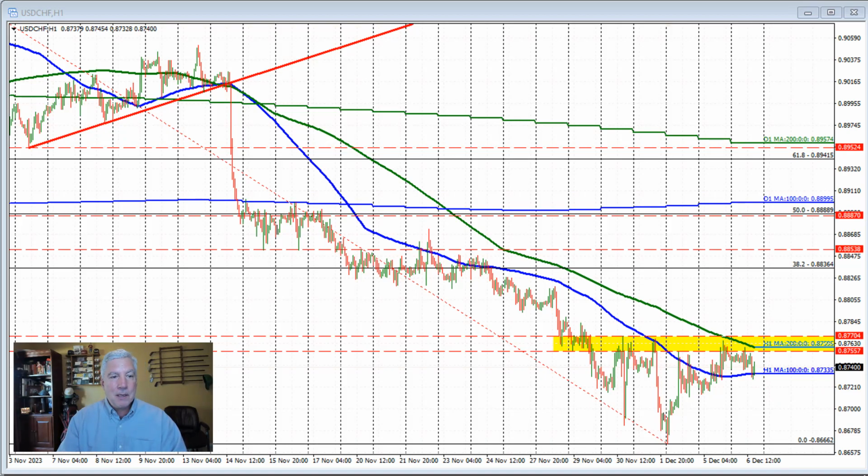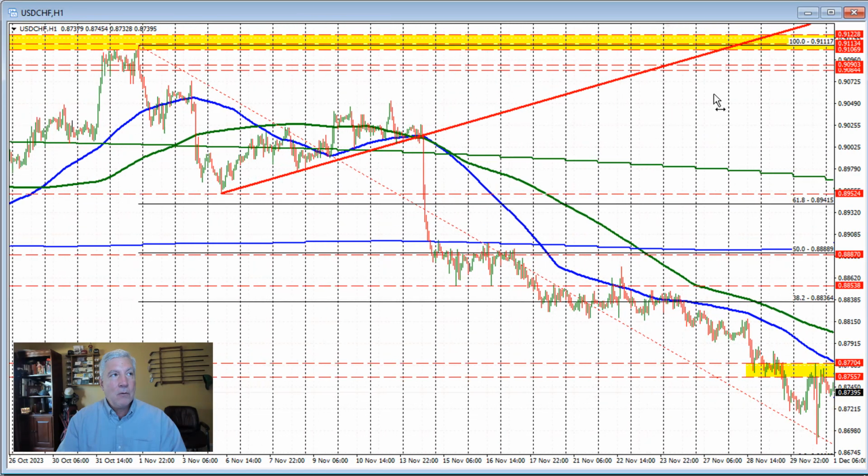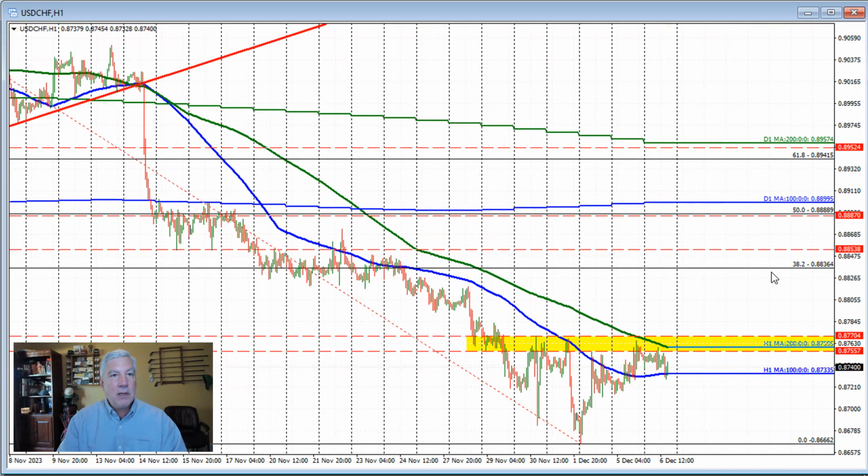On a move to the upside, we'd be looking more toward the 38.2% retracement of the move down. That move to the downside goes back all the way to this point right here, the high price going back to October 31. So the 38.2% level comes in at 0.8836.